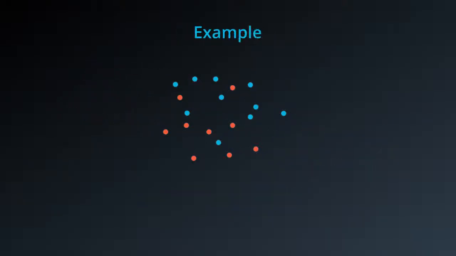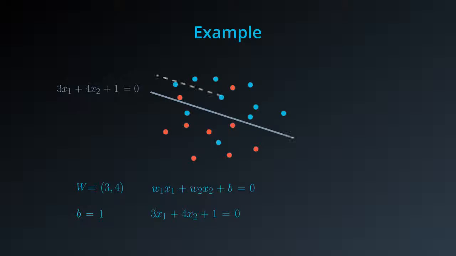So to clarify things, here's an example. Let's say w is the vector (3, 4), and our bias is 1. So our equation of the form w1x1 plus w2x2 plus b equals 0 is going to be 3x1 plus 4x2 plus 1 equals 0. And that's our main line. And here's the line with its two companions, the one that gives the equation 3x1 plus 4x2 plus 1 equals 1, and the one that gives 3x1 plus 4x2 plus 1 equals minus 1.